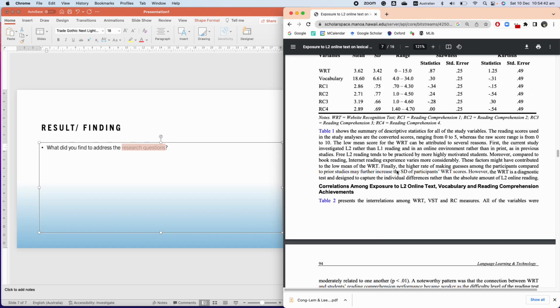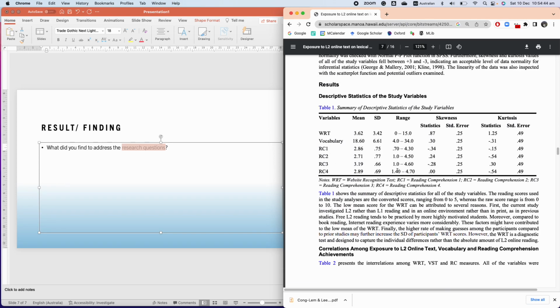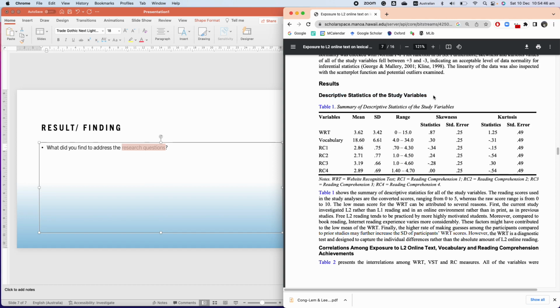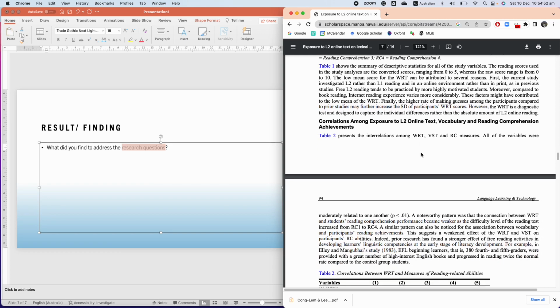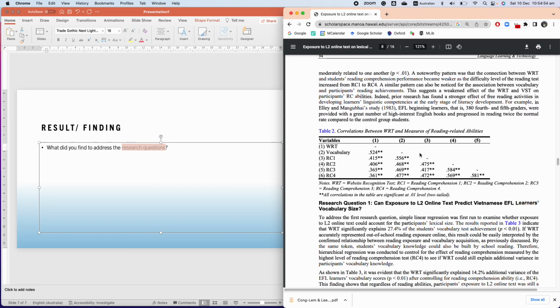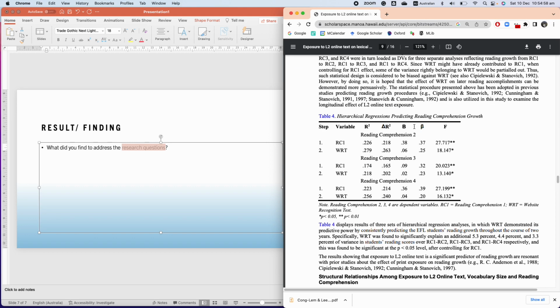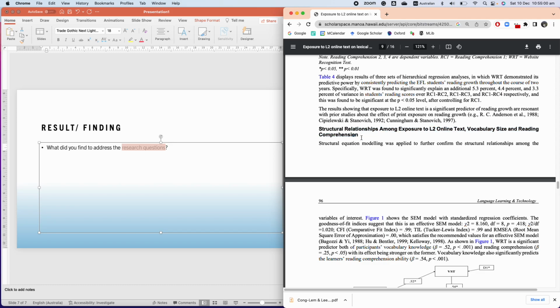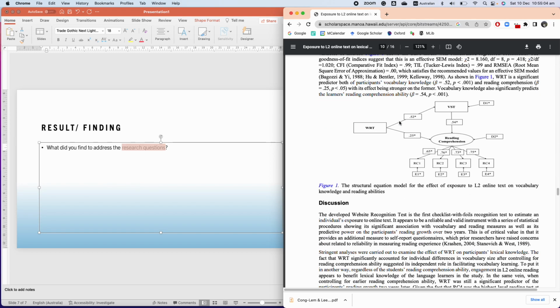I have another section to present descriptive statistics. This is not part of the research question, but it's important to present it so the readers have more background knowledge of the data and what I found. I also have another section to support the findings for the two research questions.